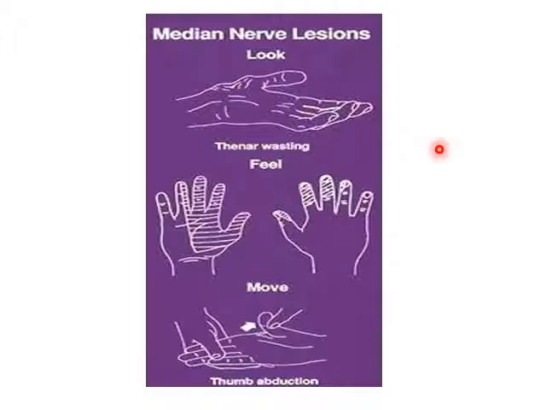So when a patient comes with the signs and symptoms of a median nerve injury or lesion, the main things to be considered are to look at the flattening of the thenar eminence.